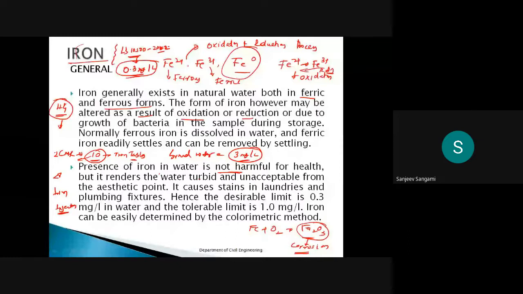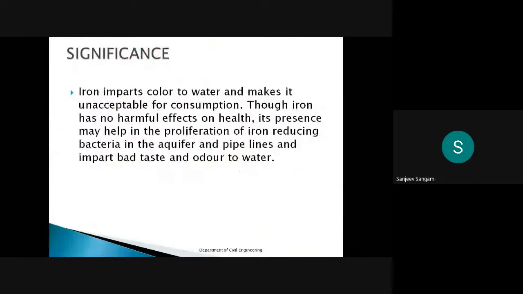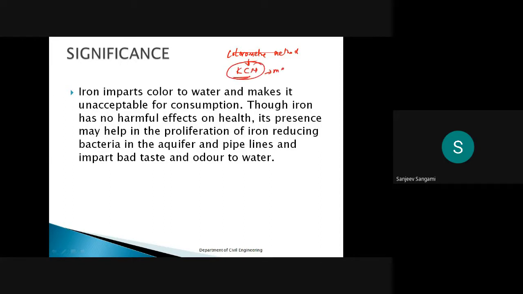Then how exactly are we going to determine the iron in water? We are using the colorimetric method, using the KCN method, the potassium thiocyanate method. We are developing a color.